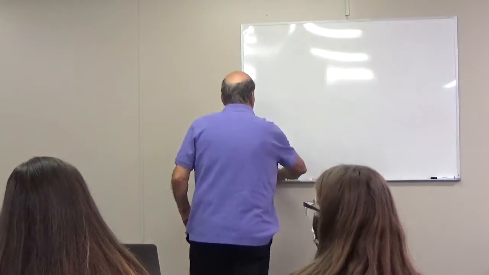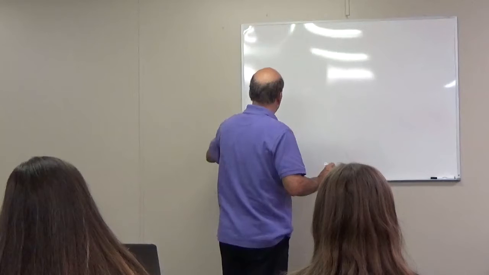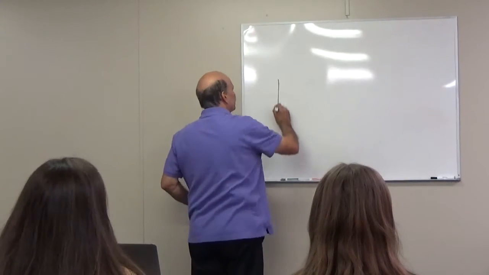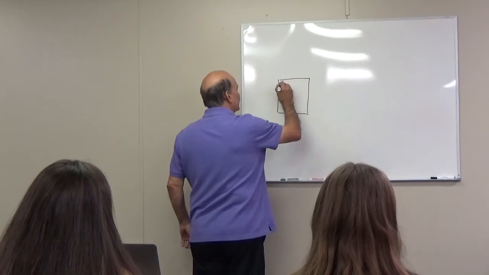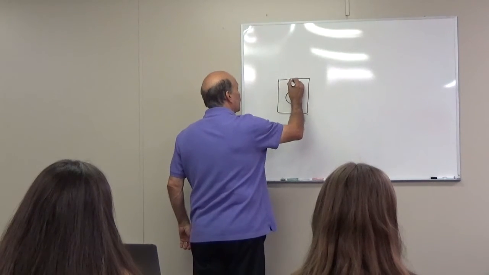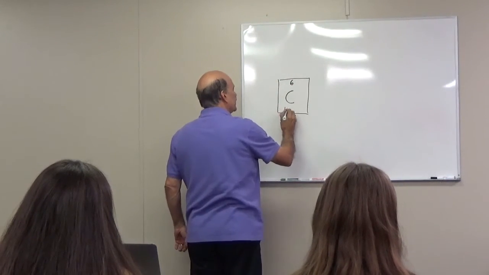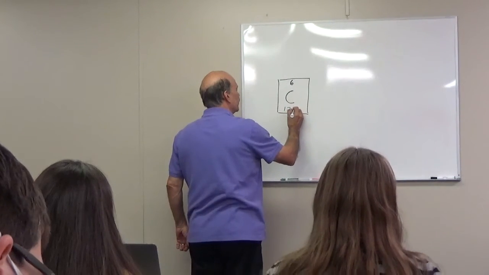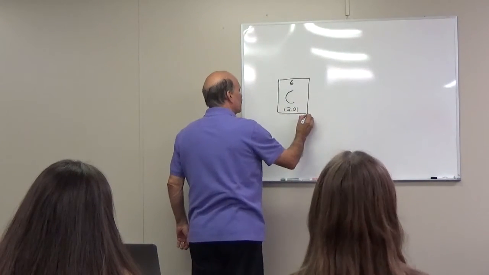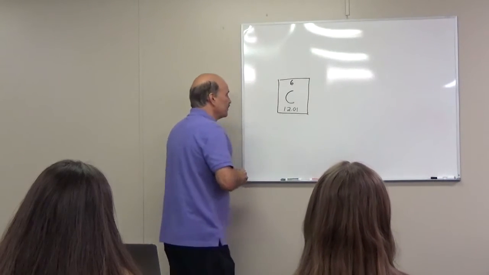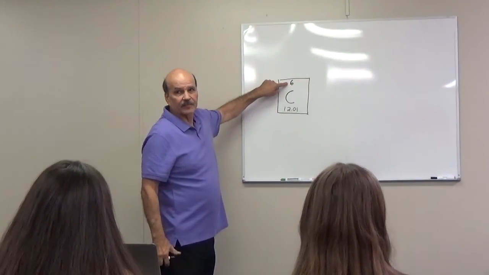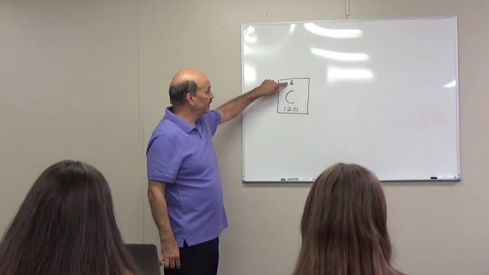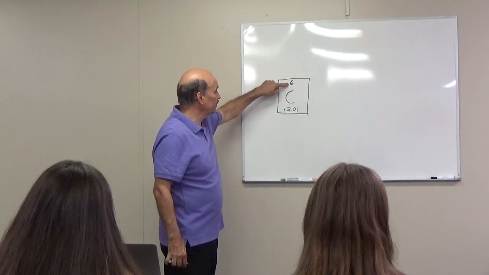Another thing you'll get is, let's pick carbon, that's a real common element. The 6 will either be up here or in the corner, I'll put it straight up here. Underneath it, it says 12.01. What this technically is saying is that there are 6 protons, and it always has the same number of protons as electrons, so that means 6 electrons also.